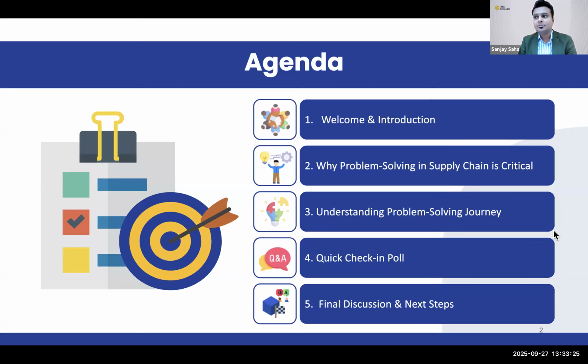From there, looking at the root causes, how to identify those root causes, how to solve them, and how to create a decision matrix to find the right decision to solve them.